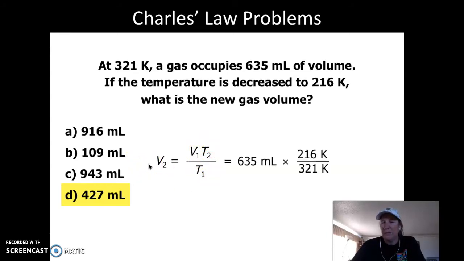Oh, I forgot to times the temperature, sorry. That's where the 427 comes from. I'm taking my volume 1 times my second temperature, 2666, and then I divide by my first temperature, 321, and that's where you get it. You just have to plug in the numbers for that formula.